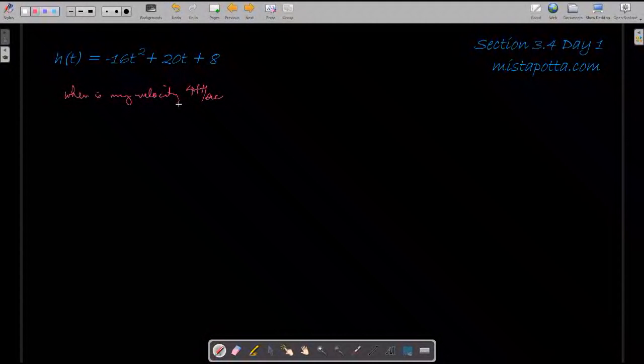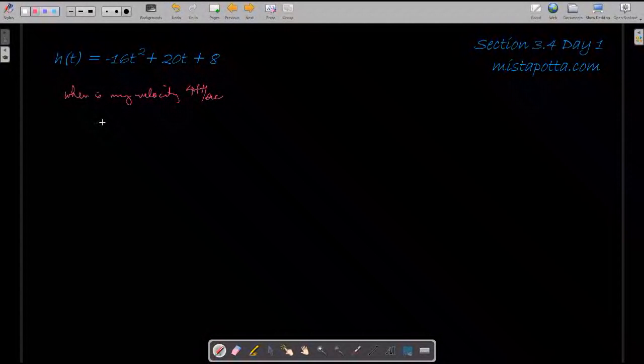I start off by going up at 20 feet per second. I eventually hit 0 feet per second, so there's got to be some place in between, by the intermediate value theorem, where my velocity is 4 feet per second.